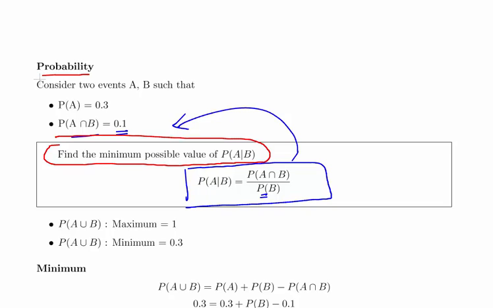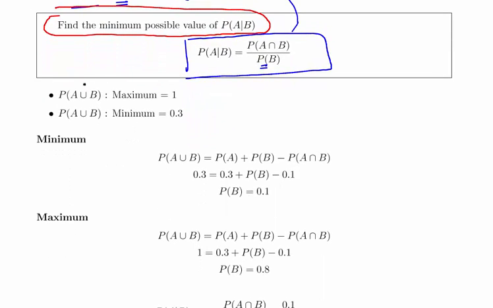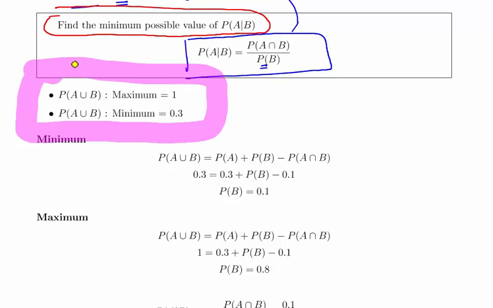Okay, so just to get us started on our journey, we'll first consider the probability of A union B, the minimum and maximum value of that. From that, what we can deduce is what the minimum and maximum possible values of the probability of B would be correspondingly. So we just go in stages here.